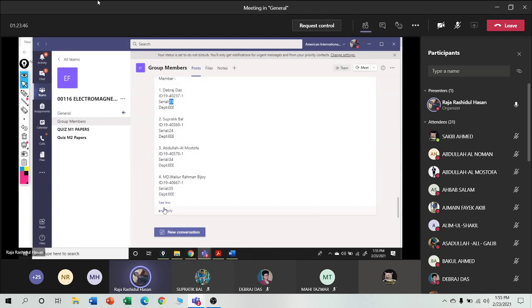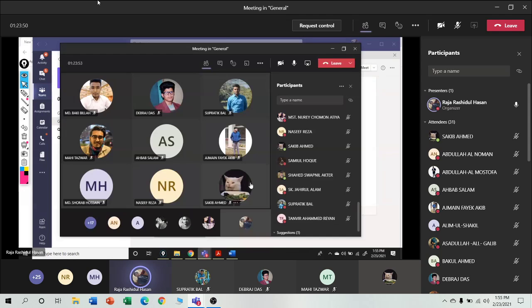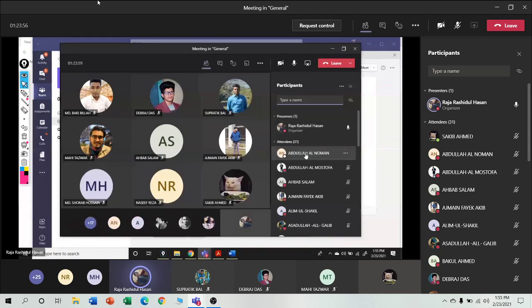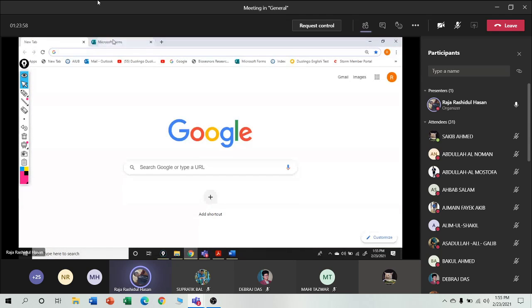ওকে, তাহলে একজন মেম্বার মিসিং। এখানে আমাদের ক্লাসে কতজন স্টুডেন্ট?